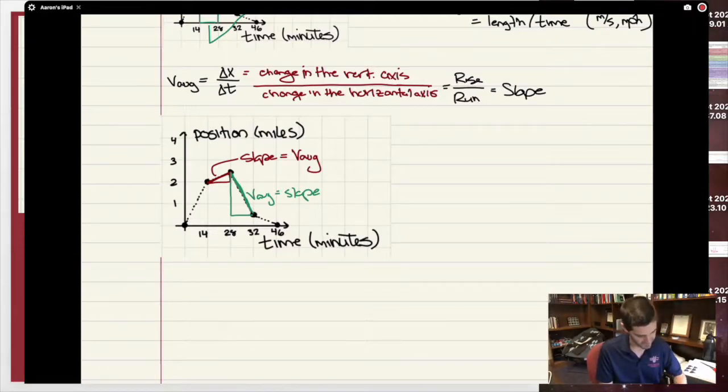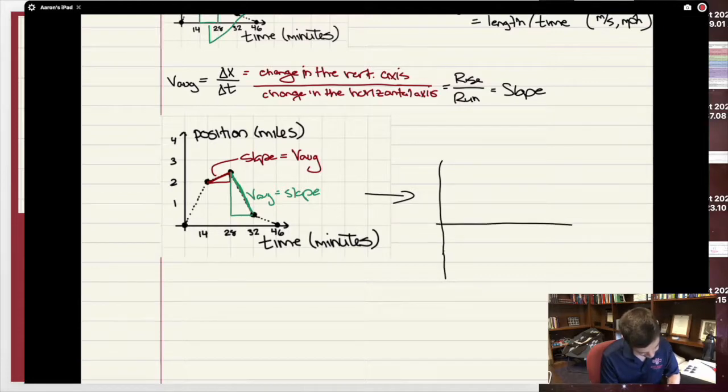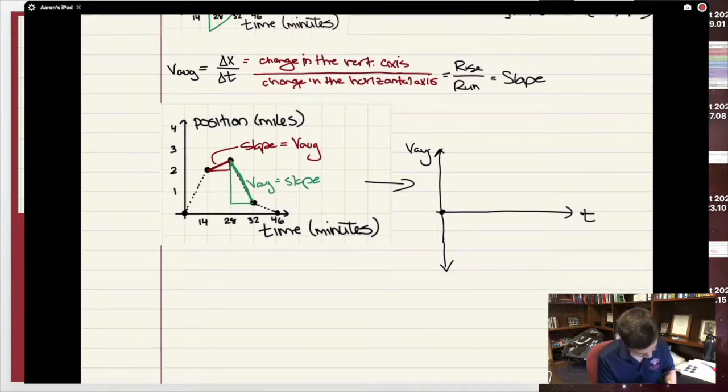Right, if we were to take this a step further, I could ask, okay, if I were to plot the average velocity as a function of t, what then is the average velocity between 0, 14, 28, 32, 46 minutes?